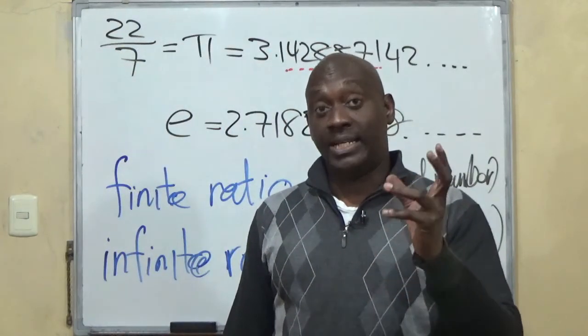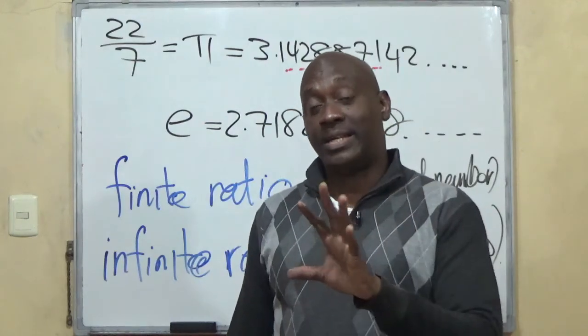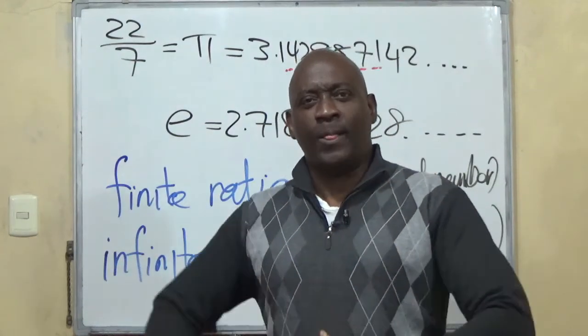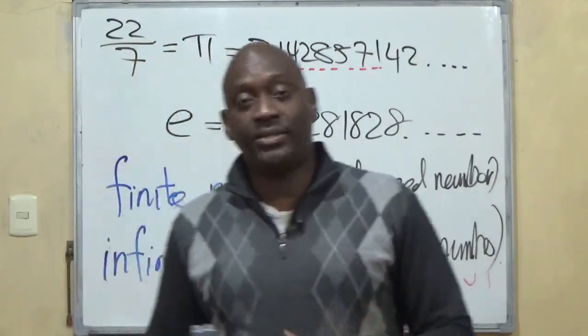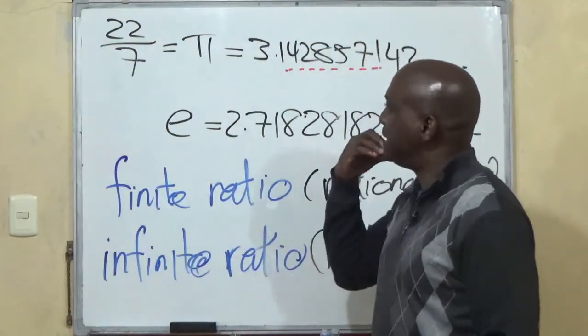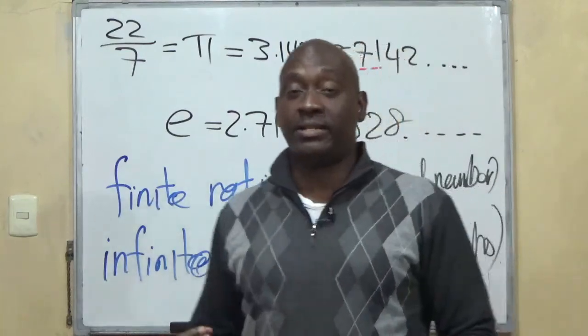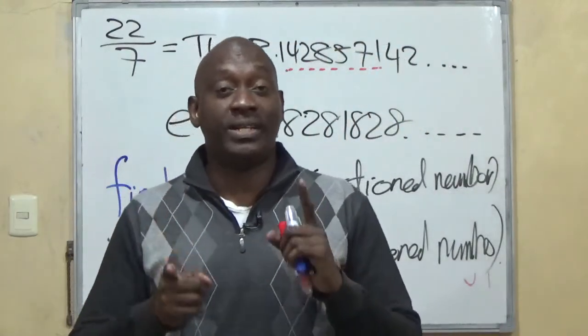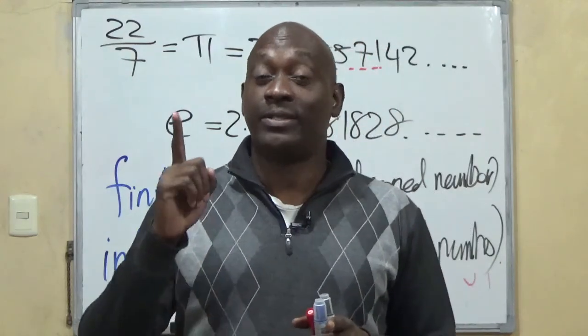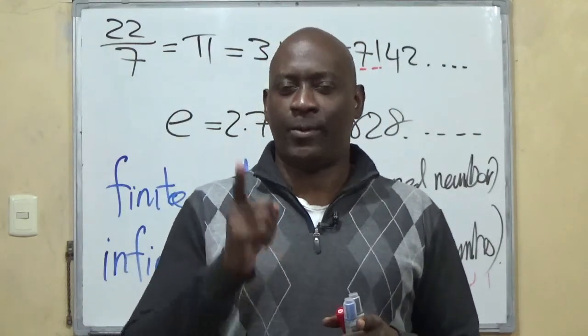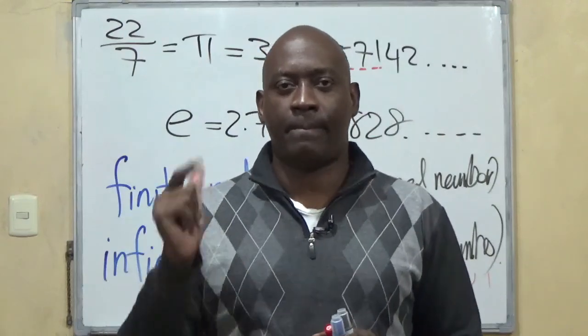And then, of course, we're dealing with perfect squares and numbers that are not perfect squares, which will then bring into question the whole idea of the square root. That, too, is connected to your irrational numbers. But we will discuss that in another video. So stay tuned. We have plenty more things coming up.